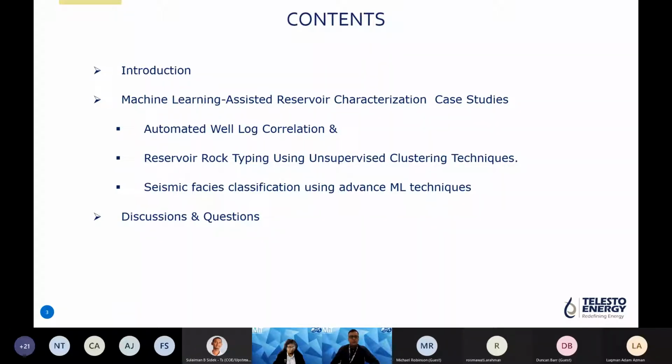We have used a case study on how unsupervised clustering techniques can be used to automate the rock typing. The third one is on seismic phases classification using advanced machine learning techniques.